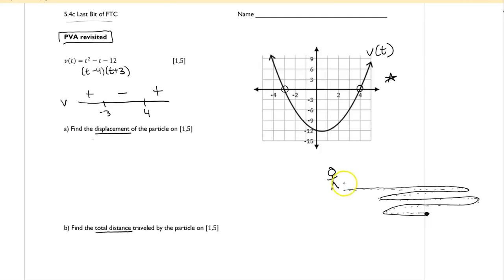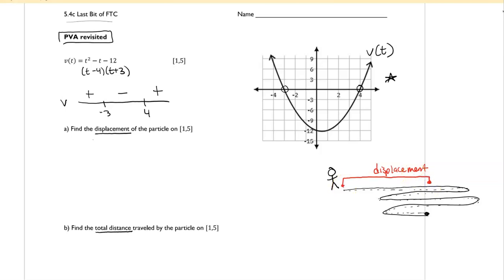Displacement refers to the change in position from where you started to where you ended. This right here is displacement. It takes into consideration moving right, moving left as opposite directions, and only talks about the change from where you started to where you ended.